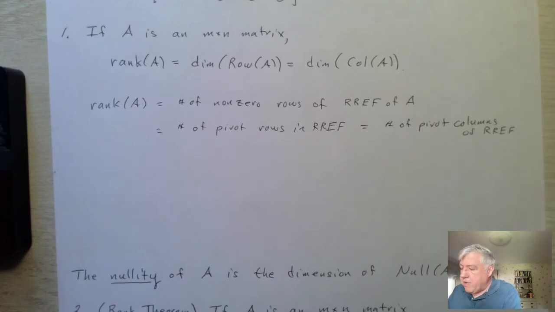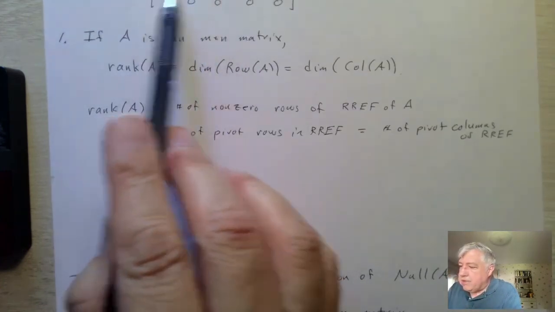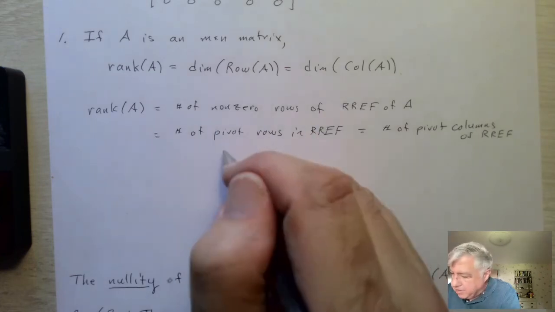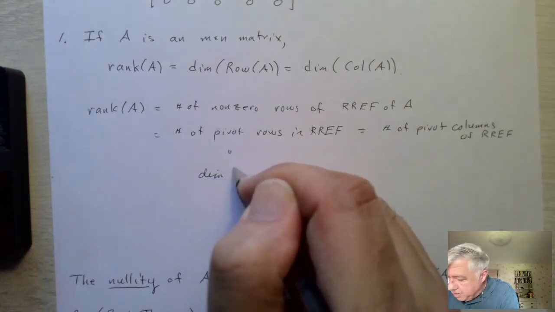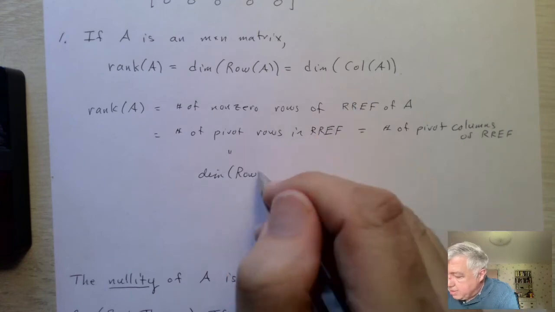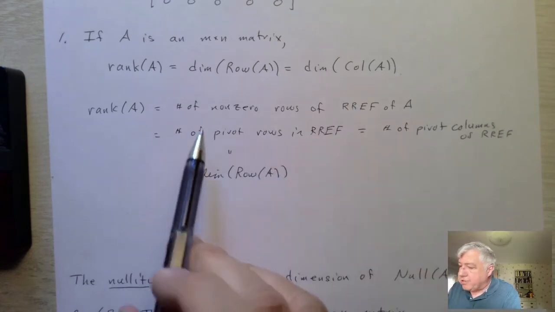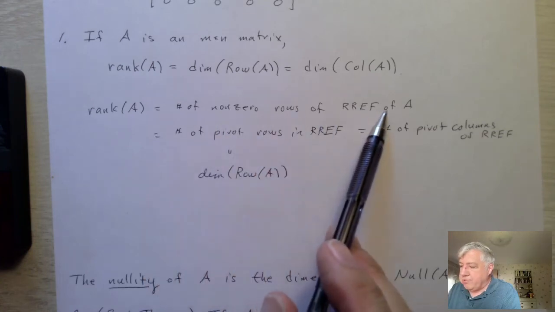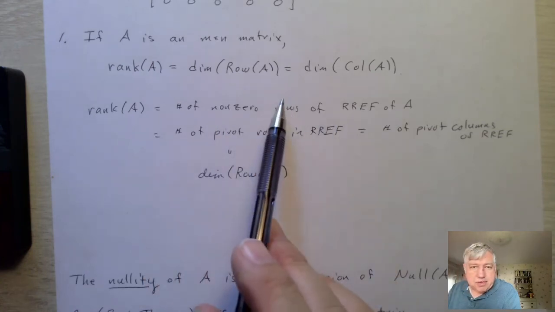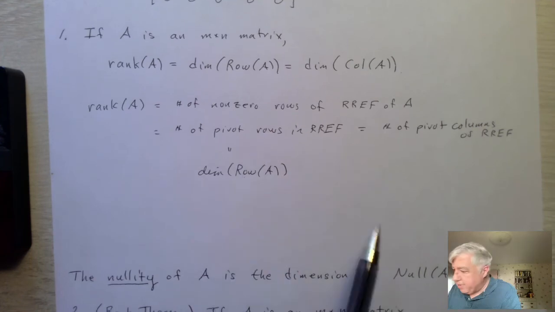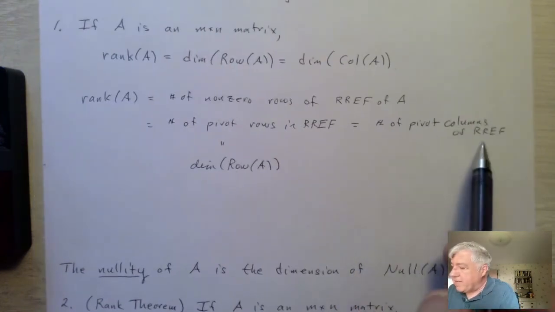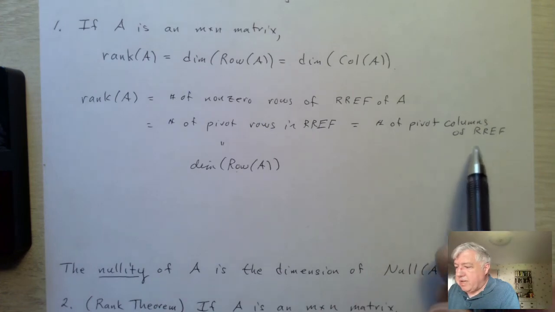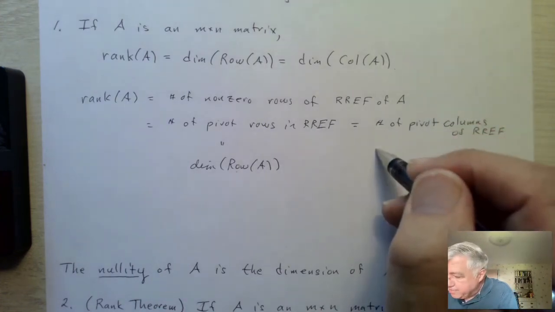And we just saw that the number of pivot rows is going to be the dimension of the row space of A. Actually, we could see it right here, because the non-zero rows of the reduced row echelon form are a basis. Well, we also see the number of pivot columns of the reduced row echelon form is going to be equal to the dimension.